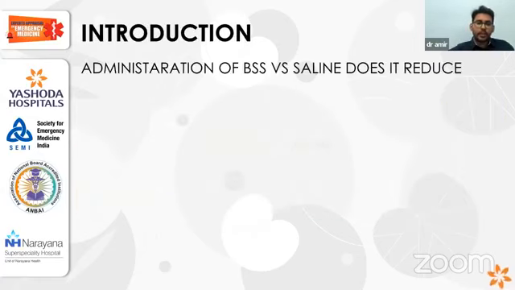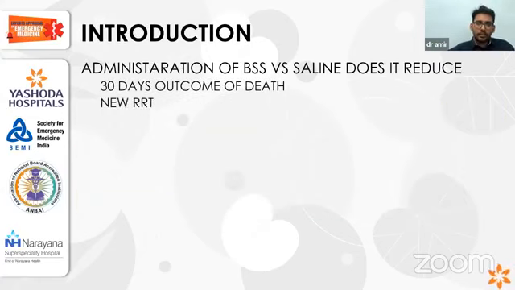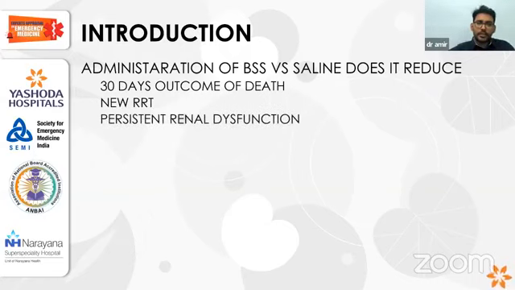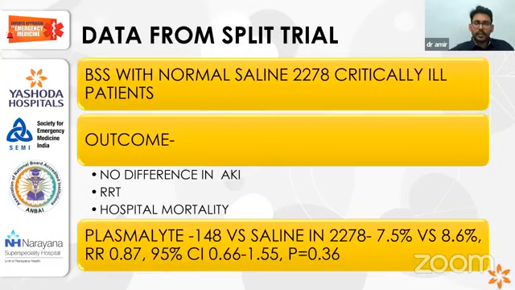So coming to the introduction part, we always wonder about this question: does administration of balanced salt solution versus saline really reduce the 30-day outcome of death, new renal replacement therapy, or persistent renal dysfunction? Does it really help?